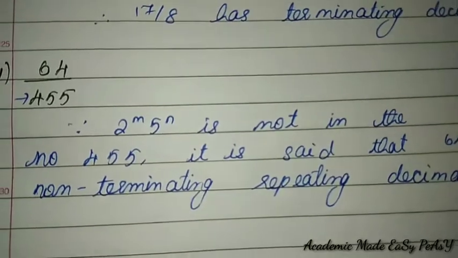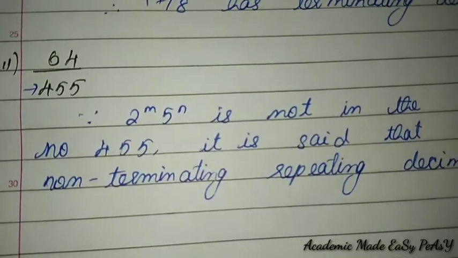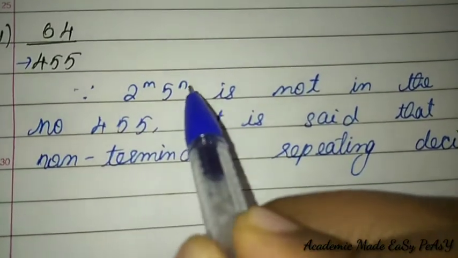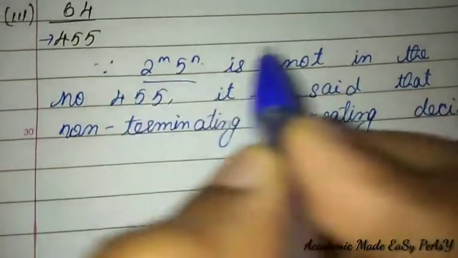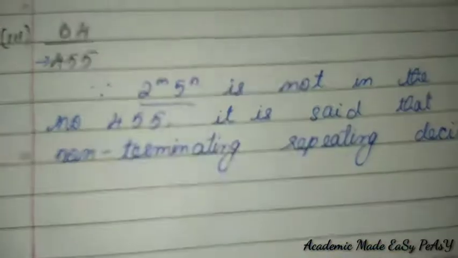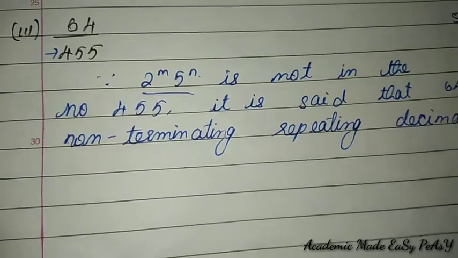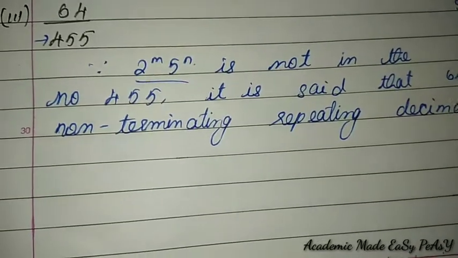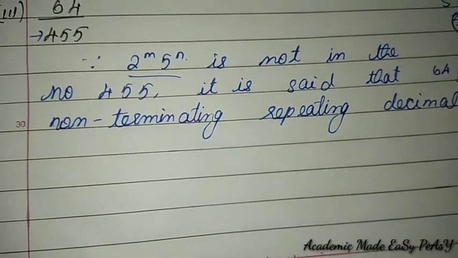Okay. So only if 2 power m into 5 power n is there, then it is terminating. If 7, 13, 3 come, it means it is non-terminating repeating decimal expansion.